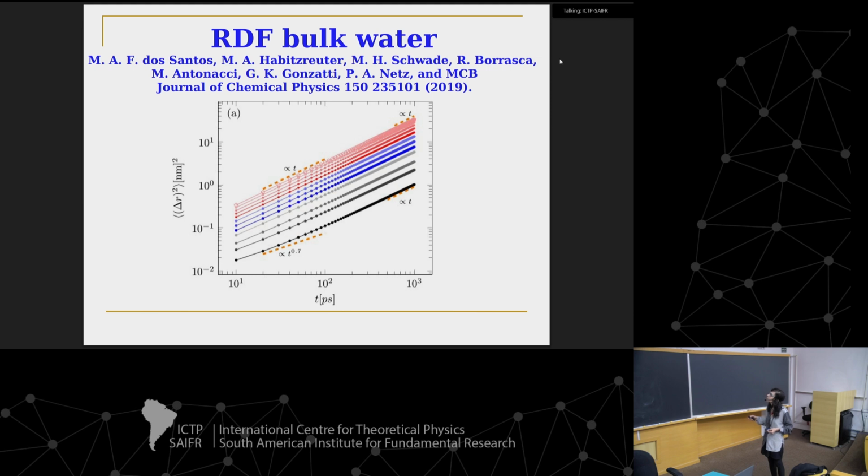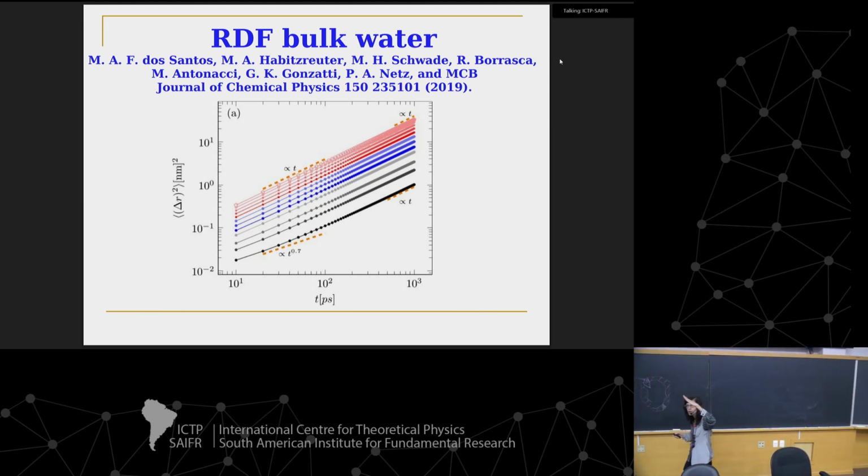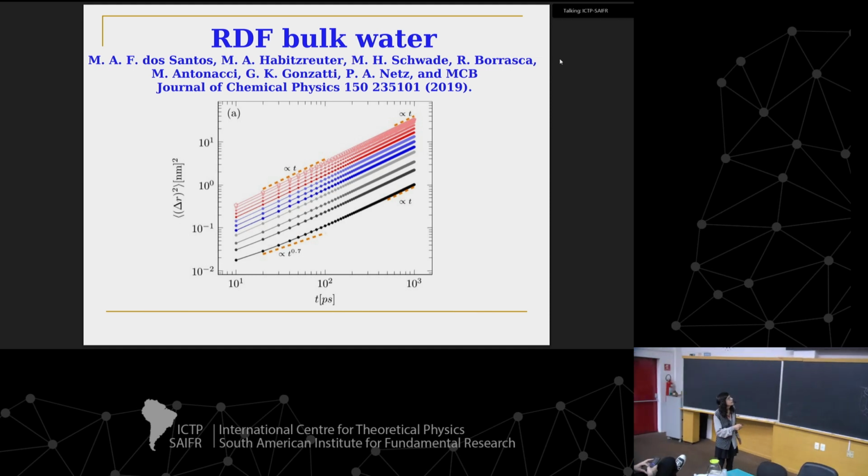We also calculated the mean square displacement, and here we are doing it for different temperatures. We observe that not all the behaviors were Fickian, meaning that they are not straight lines. So you have some subdiffusive behavior here illustrated by this curve.